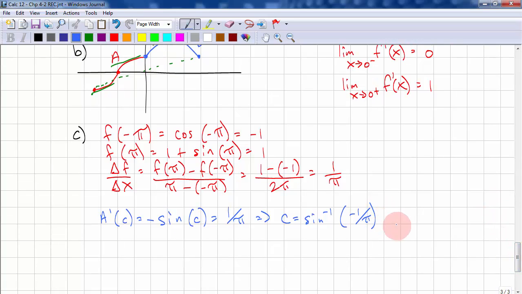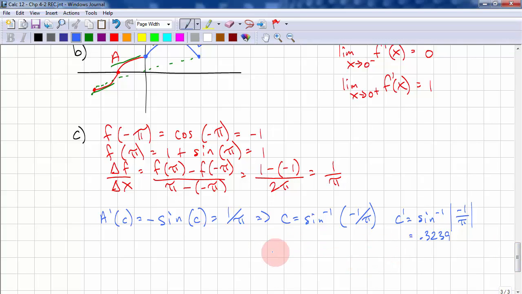So we want to find the C prime, which is inverse sine of the absolute value of negative 1 over pi. This equals 0.3239.